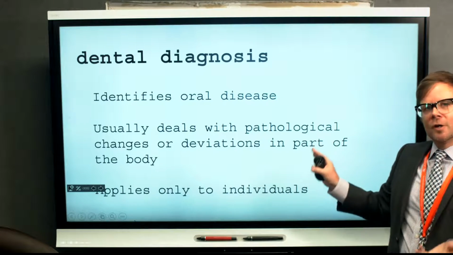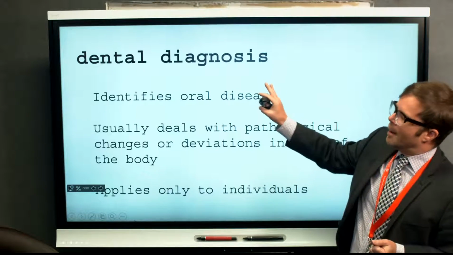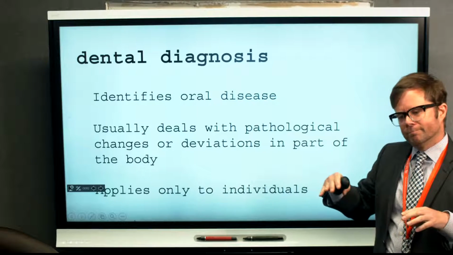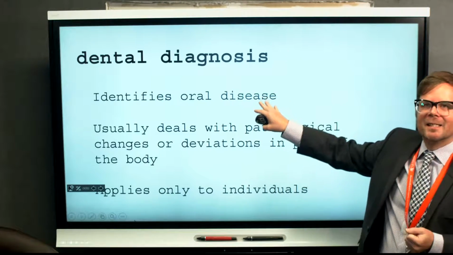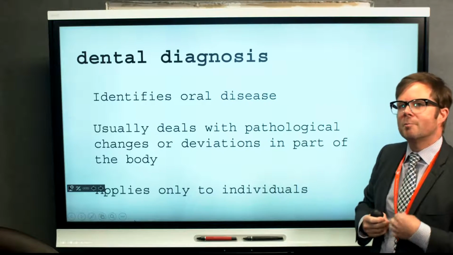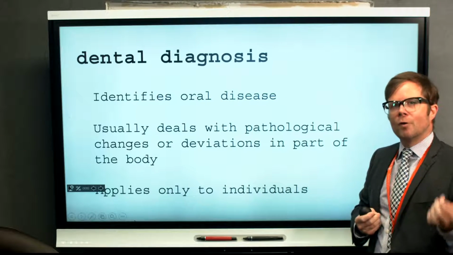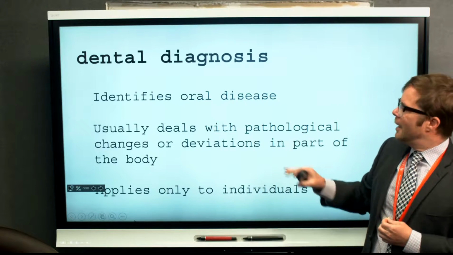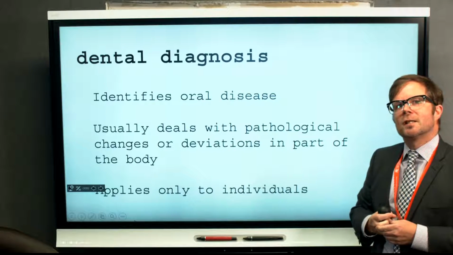So the dental diagnosis, let's just clarify what we mean here, is a very constricted approach to defining a problem. It identifies disease, so pathology. So gum disease, for example, we would make a diagnosis: there is advanced chronic periodontal disease. It deals usually with pathological changes or deviations in the part of the body.